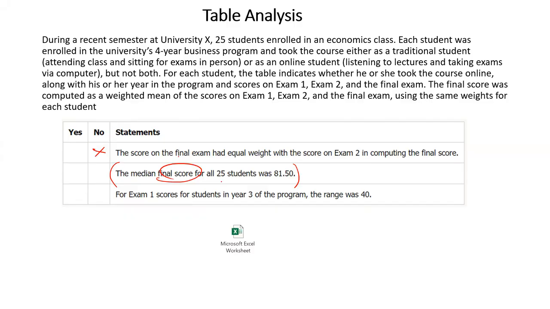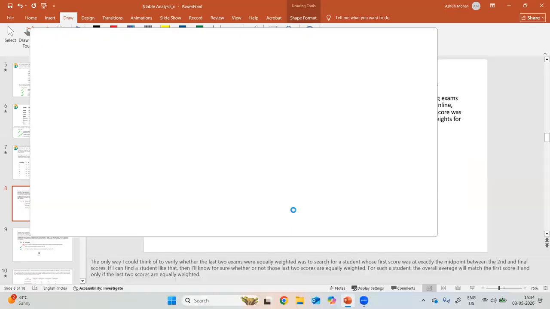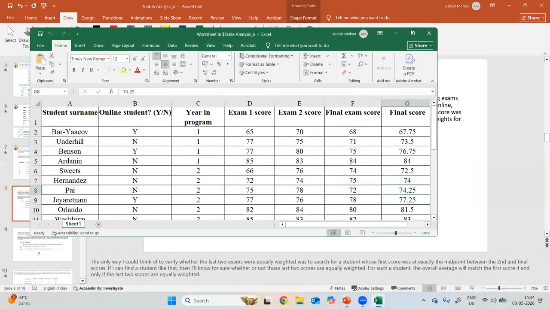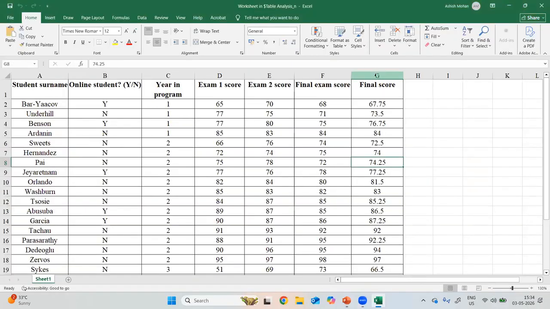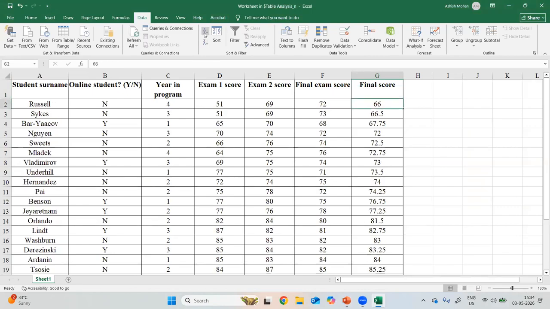And since we are talking about median, in this case, we would find out the 13th value, right? The middle value, which would be 13th in this case. So final score is basically column G. So we sort on this, and once we sort it, it's been sorted.